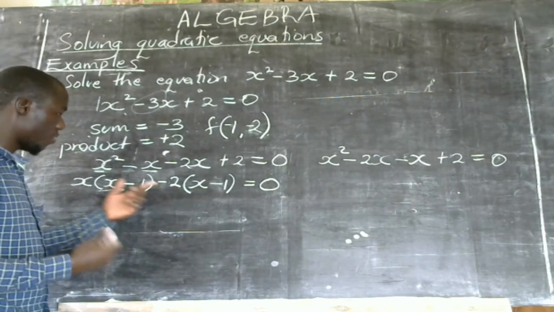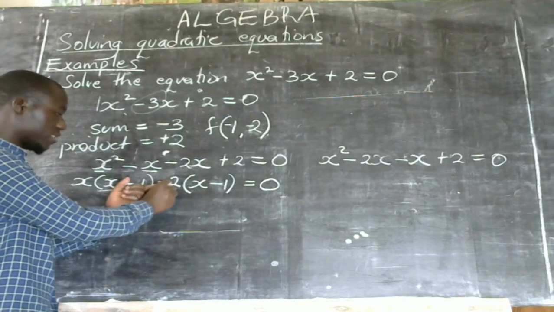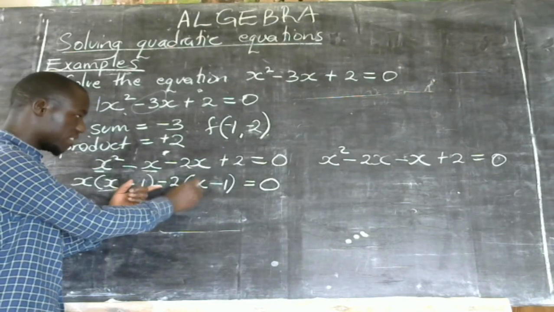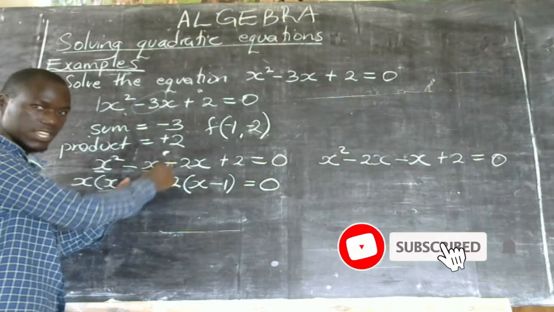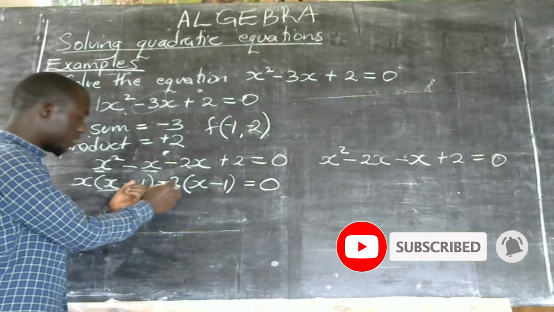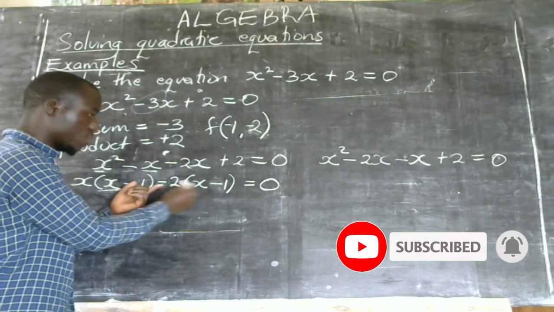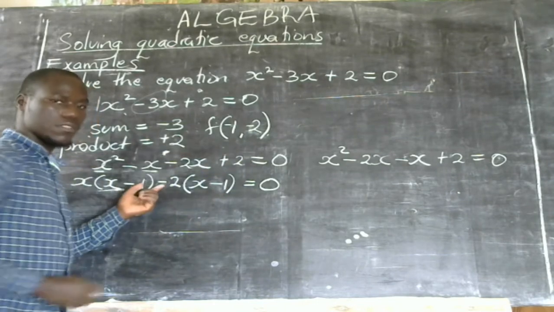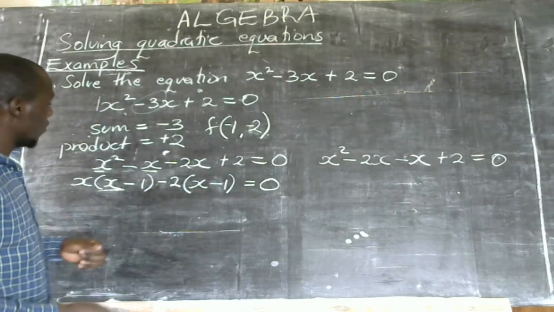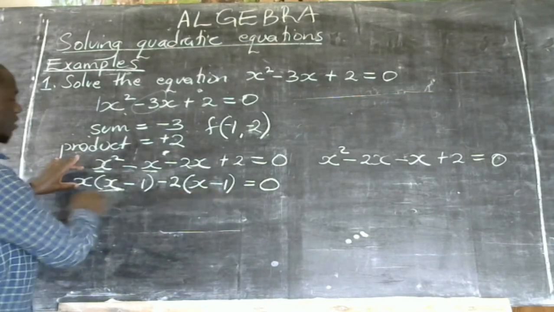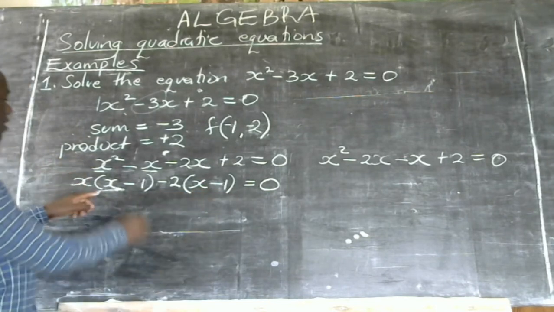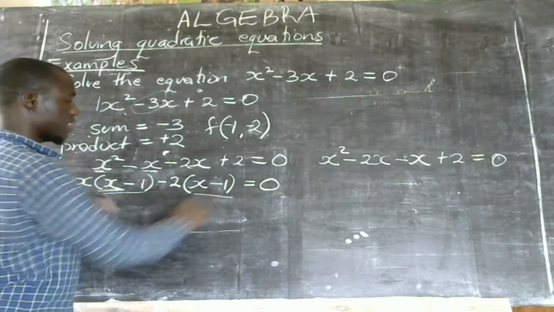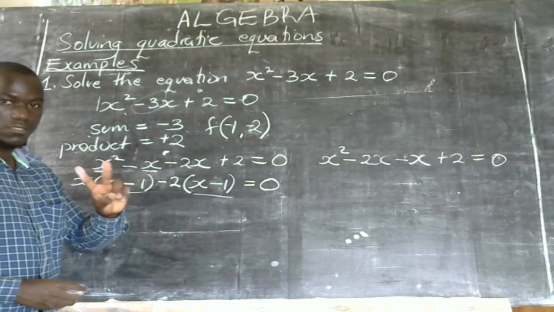So when I reopen the bracket, this negative 2 times positive x, I'll go back to negative 2x, and when I multiply negative 2 times negative 1, I'll get a positive 2. So when I come back to this step, you can see that this bracket is the same as that bracket, and we have just two terms there.